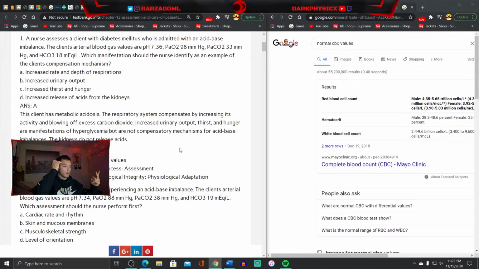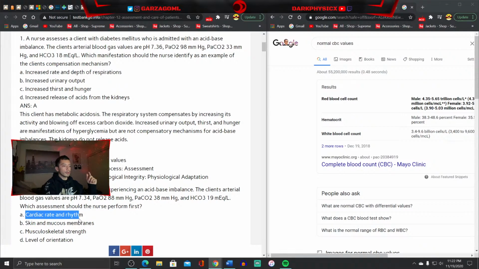Which assessment would you perform first? Cardiac rate and rhythm, skin, musculoskeletal, orientation. Well, since PaO2 is pretty good at 88, probably not this. Even though as metabolic acidosis worsens, orientation is a problem, it's barely acidic, and 22 is like the lowest normal range.